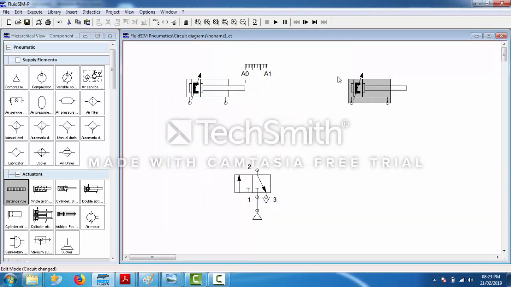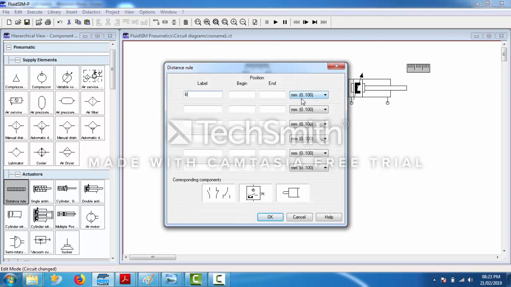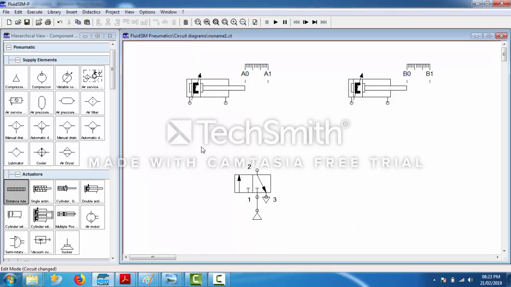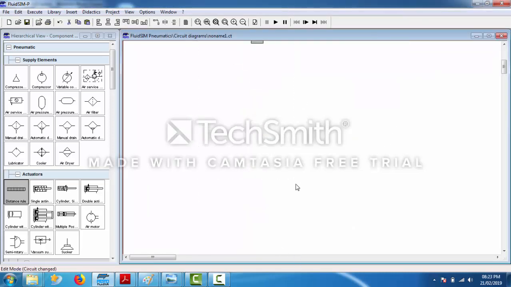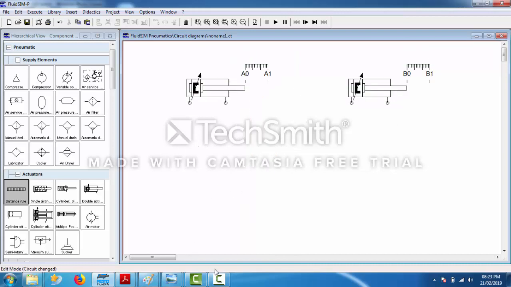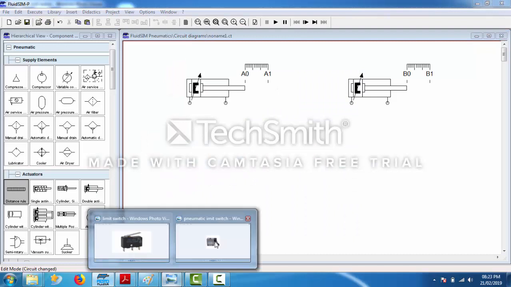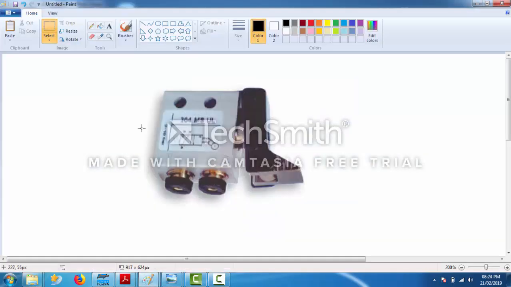Similarly, we will do it for this one also. I'll put one over here. B0 completely in, B1 completely out. Done. So what we have done is put four pneumatic limit switches at the four positions.